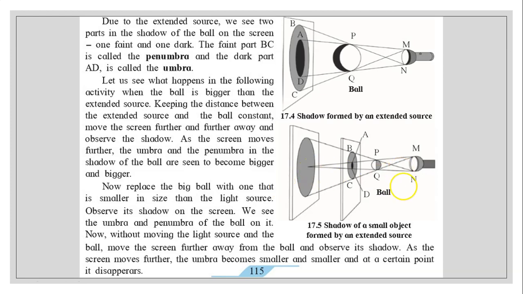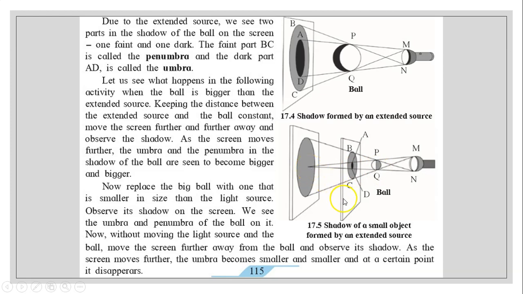If the plane is closer to the earth, in this case, this is the earth and this is the plane, then we see a faint shadow. But if the plane is far away, and the distance between the plane and the earth is great, then we don't see the shadow.